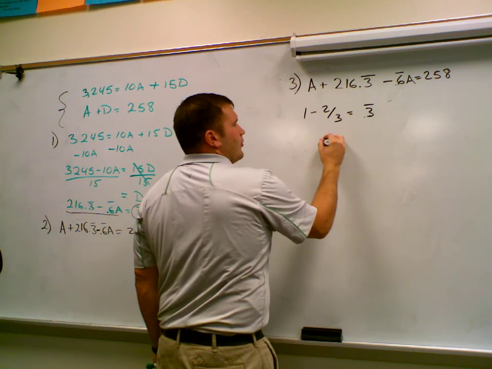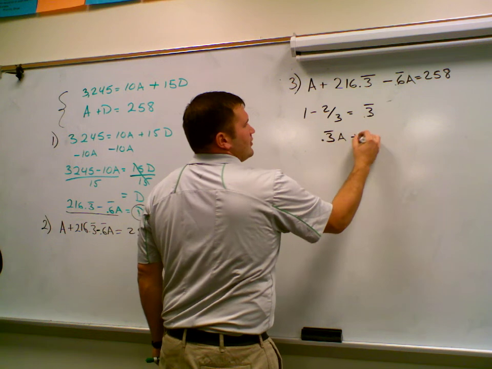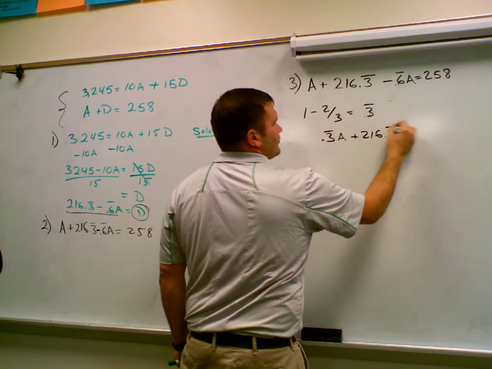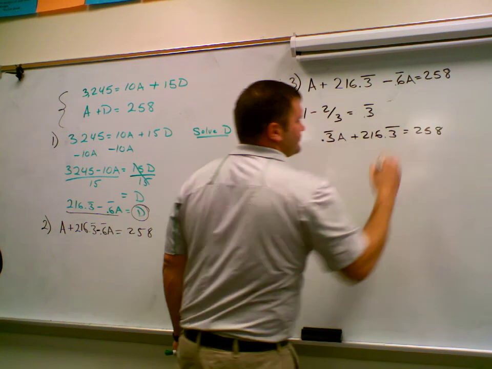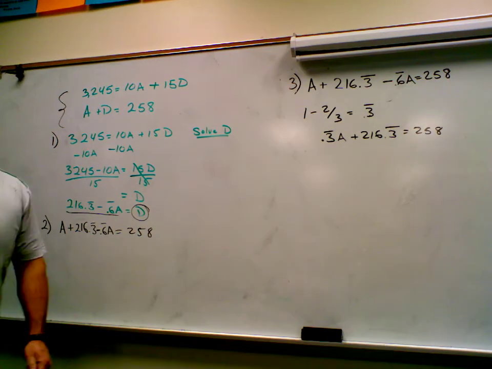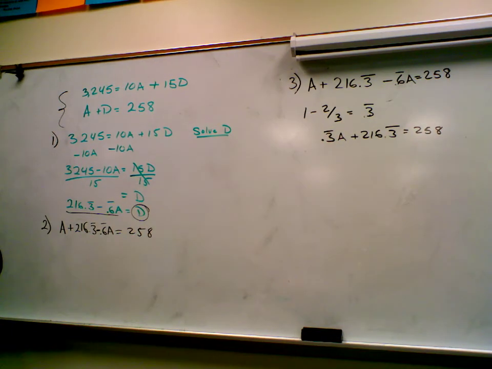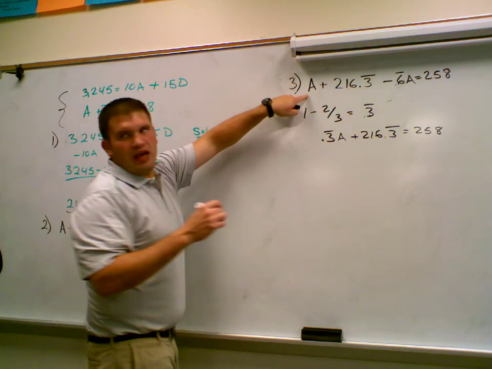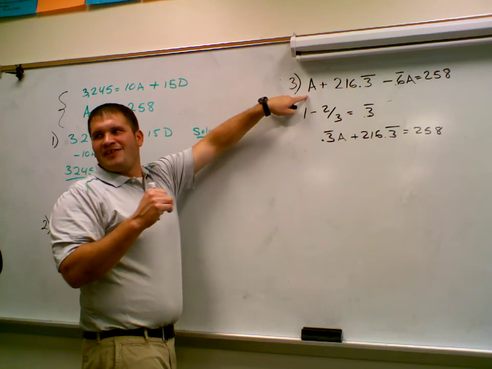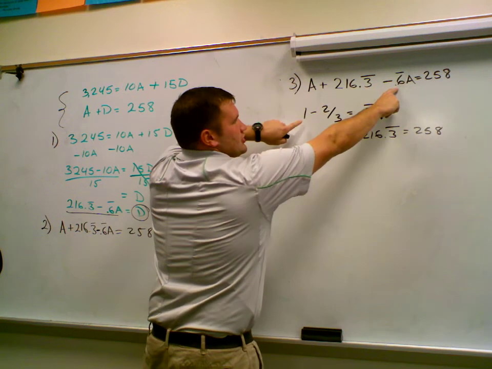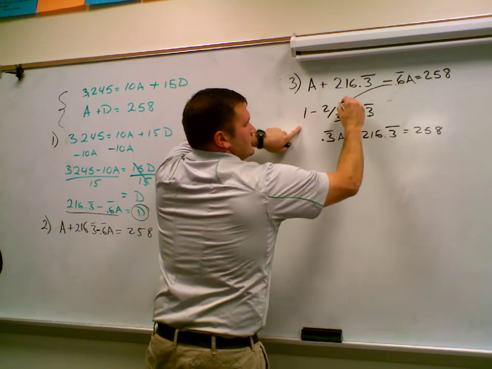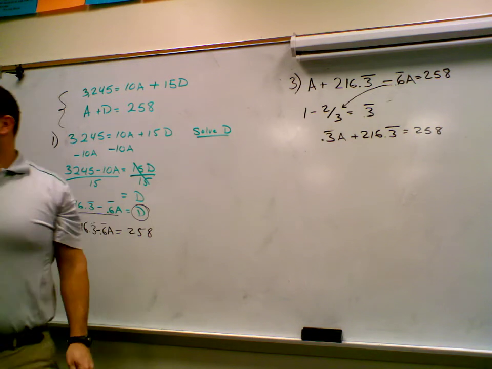So then I know I have 0.3 repeating a plus 216.3 equals 258. Wait, but how'd you get the 0.3? This is 1a, right? This is 0.6 repeating, which is 2/3.